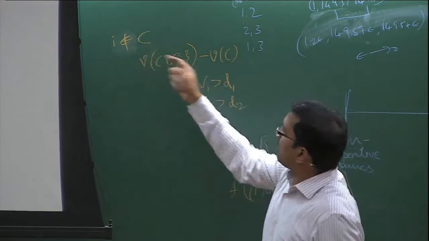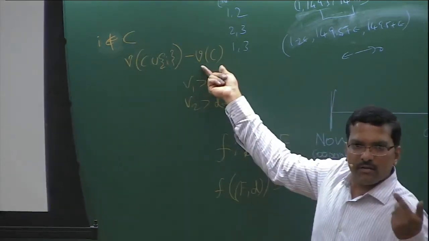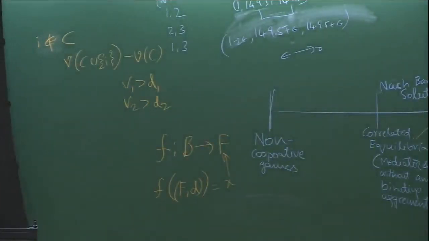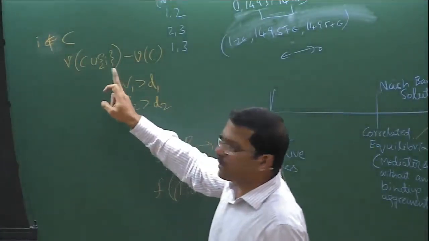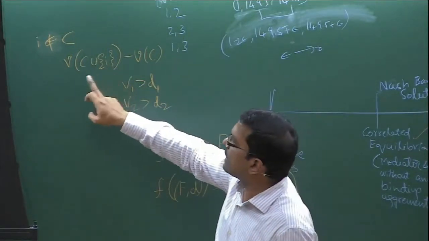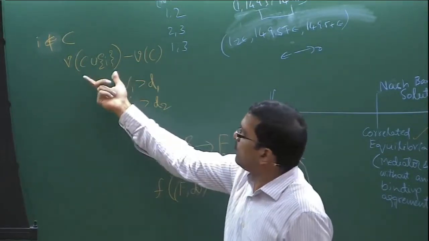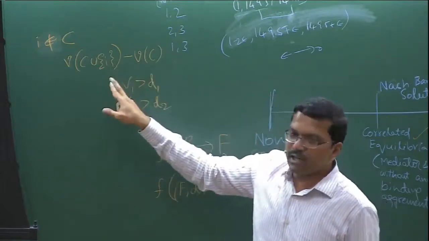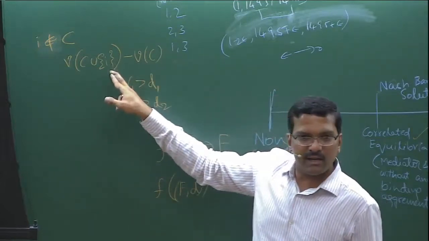If the ith player is not part of the set C, then the value of that set is v(C). Now, because you are interested in computing the ith player's Shapley value, you add the ith player to that set C, C union {i}. What is the value of that? So look at the difference between these two values. This is called the marginal contribution of the ith player to the set C.